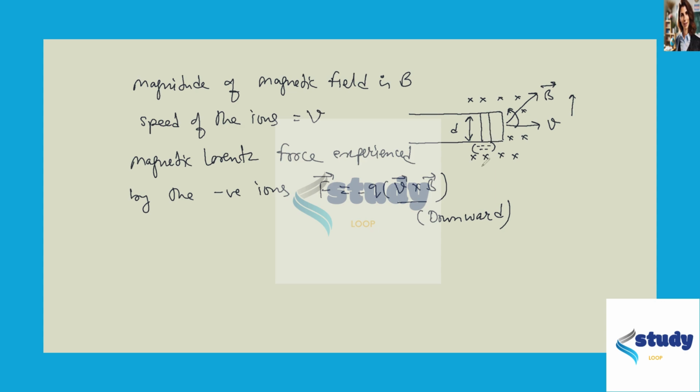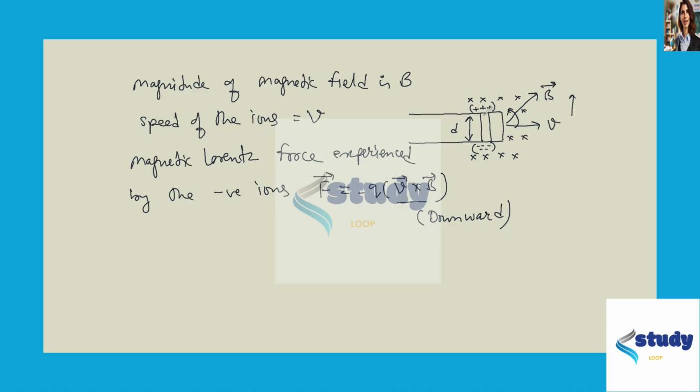So comparatively, this lower segment will acquire a negative potential, and hence there will be an electric field developed because this upper segment will acquire a positive potential.